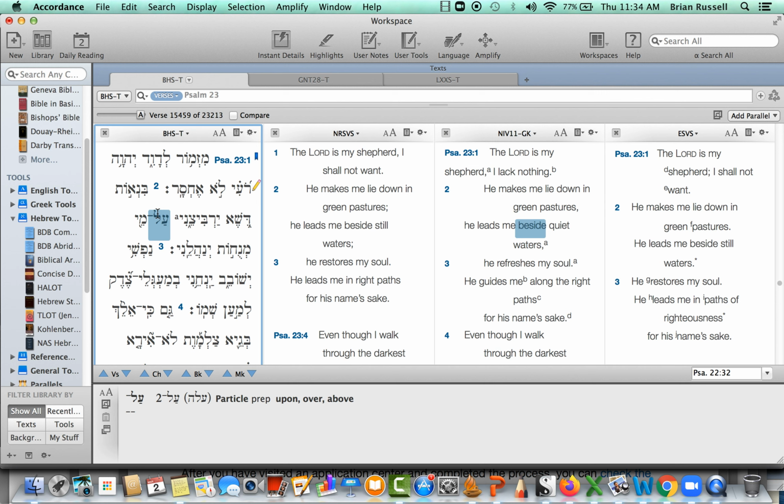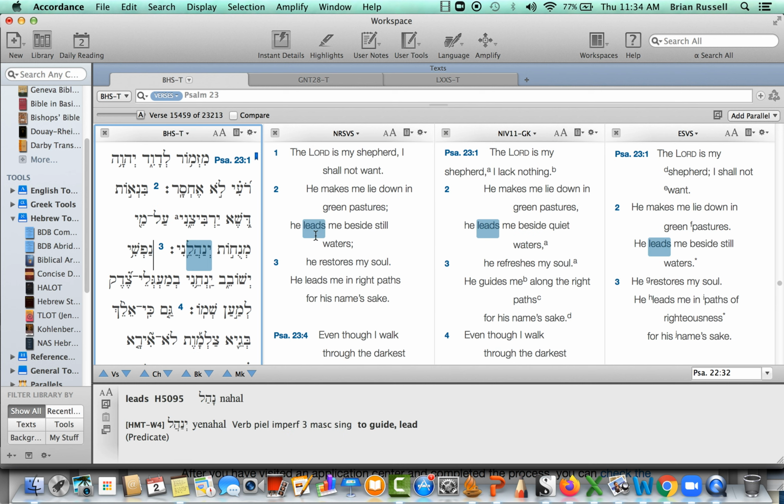So what you want to do long-term, practice your Hebrew, but here's when you would always want to use Greek or Hebrew. Get 2 or 3 well-respected modern translations and compare them and look for the places where the differences aren't merely a difference of synonyms.